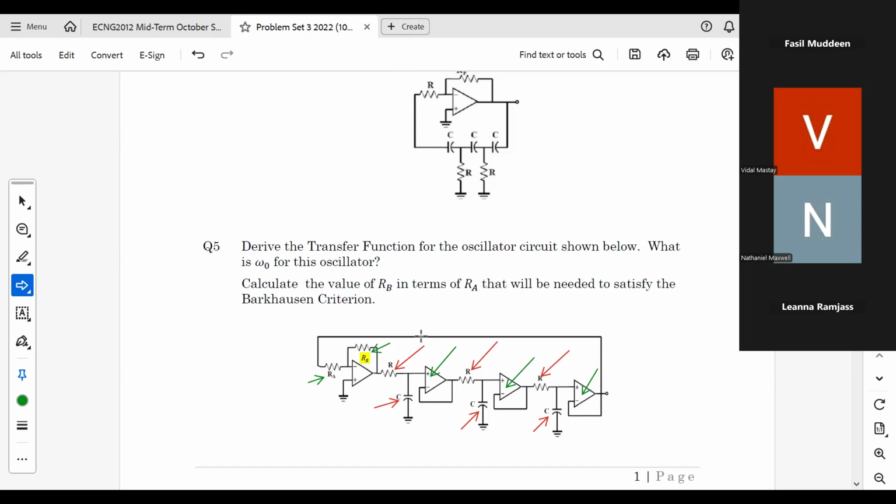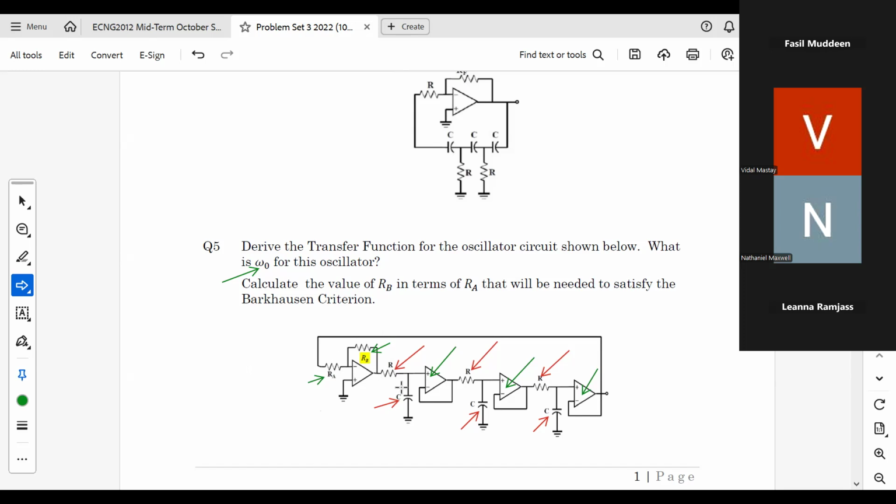And then when you substitute omega 0 into the transfer function, you will get a Vout over Vin equal to something. I think in this case it is going to be -8, so that the gain of this amplifier has to be 8. In other words, it's an inverting amplifier, so RB has to be 8 times RA, whatever the values are. All right? It's straight from the notes.